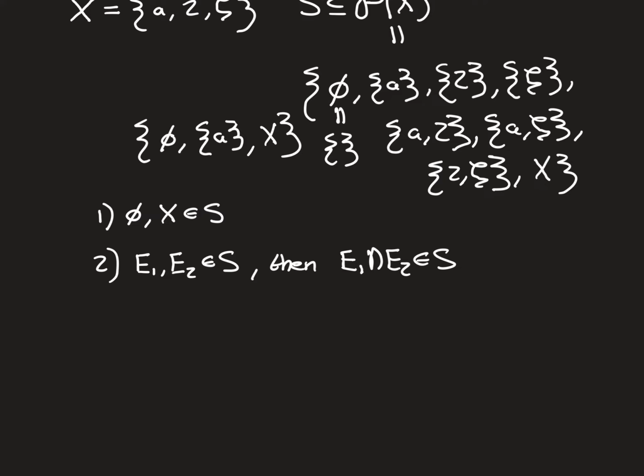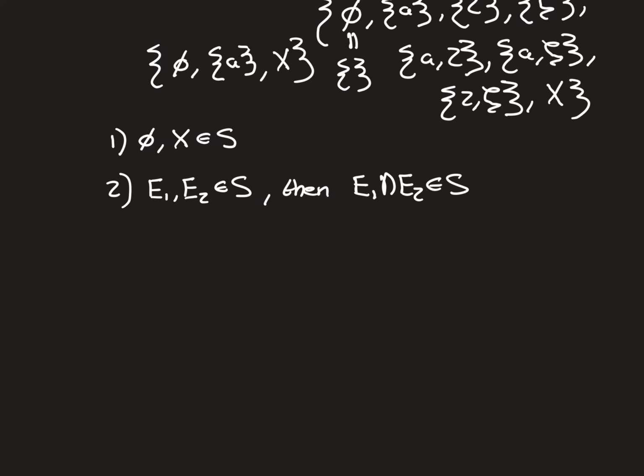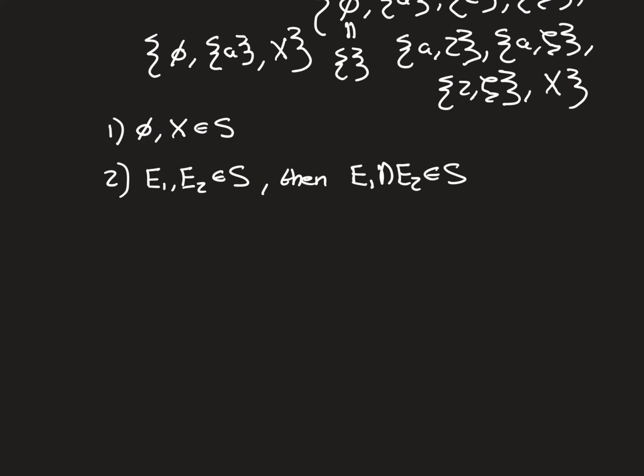And then I suppose you could intersect all of them with themselves, but then you'll just get themselves back again. So actually this set that I've got here does obey this criterion, so it's not this criterion that it's going to fail on.